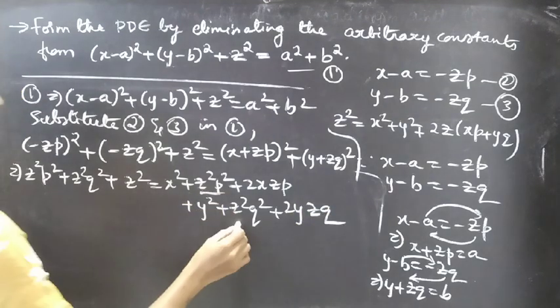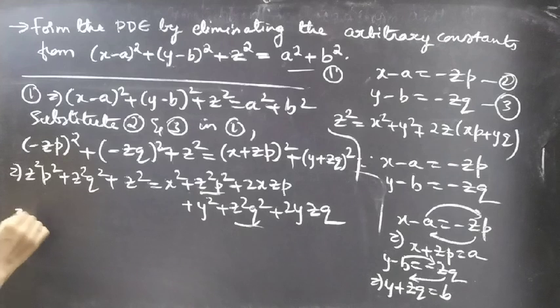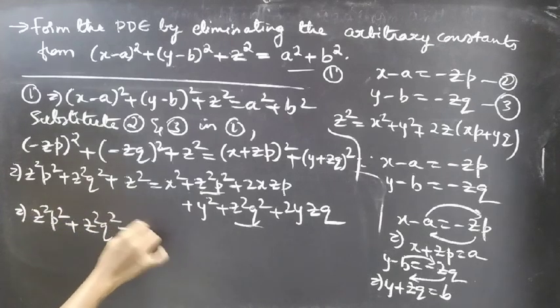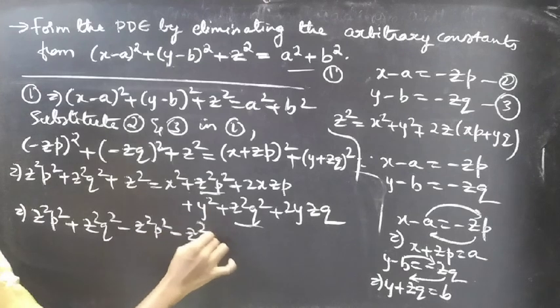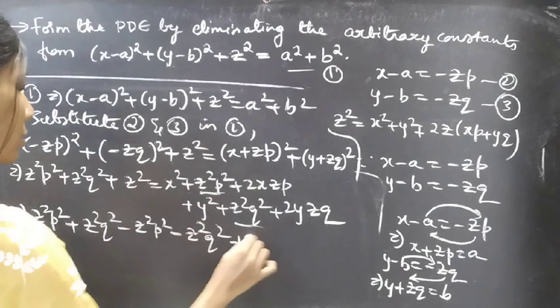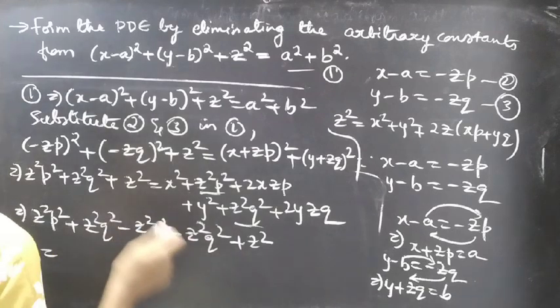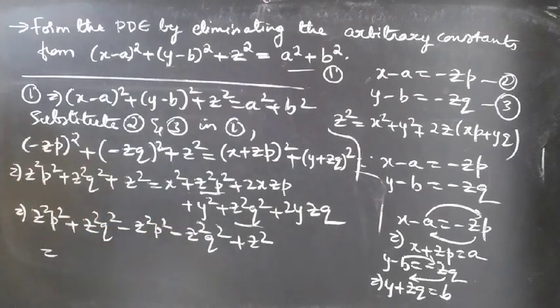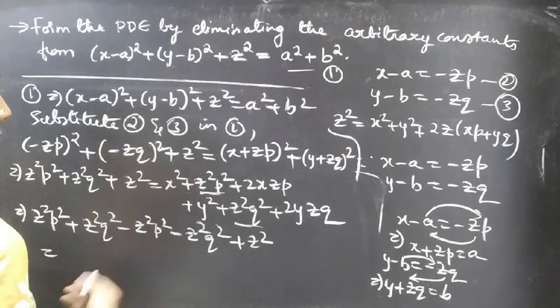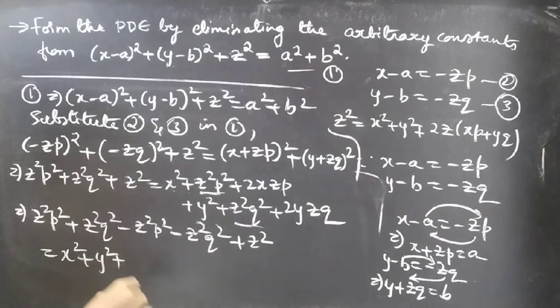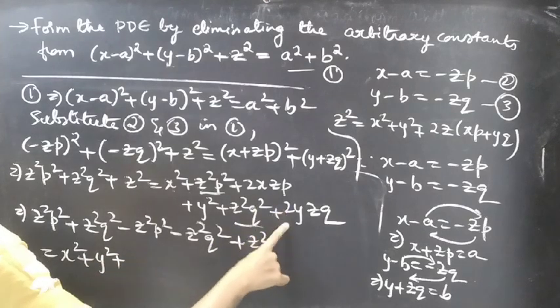Now bring this z square p square and z square q square to the LHS. You'll get z square p square plus z square q square minus z square p square minus z square q square plus z square. See, in the first procedure I just missed this z square; I wrote it again, but while going with the flow I just forgot to write x square there, equal to x square plus y square plus, take 2z common from these two terms.